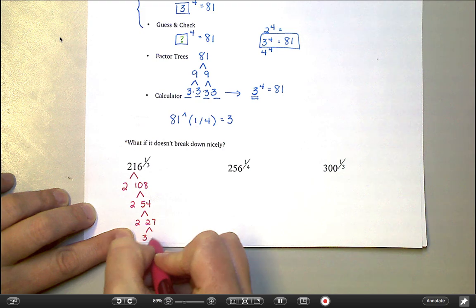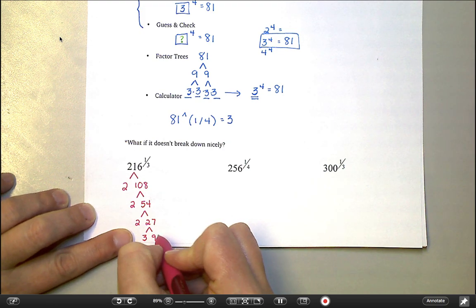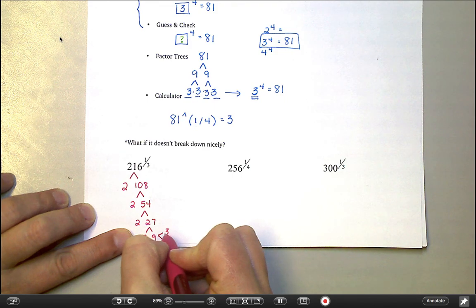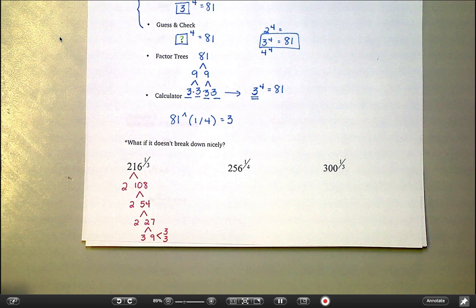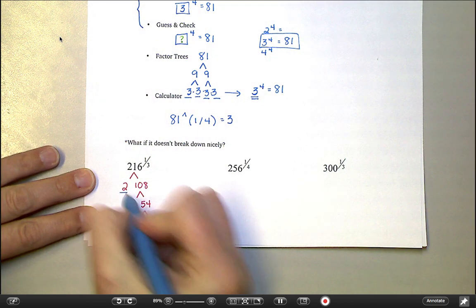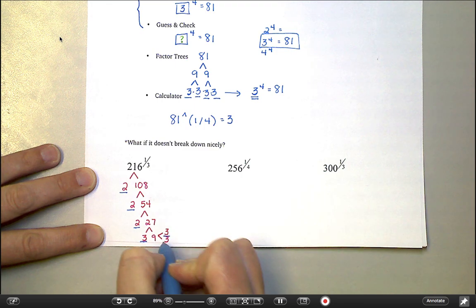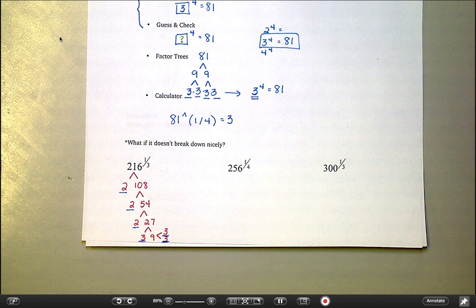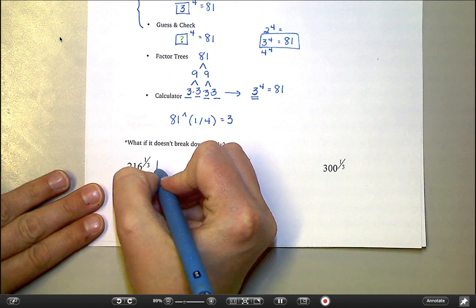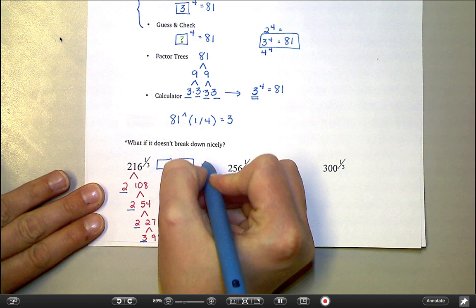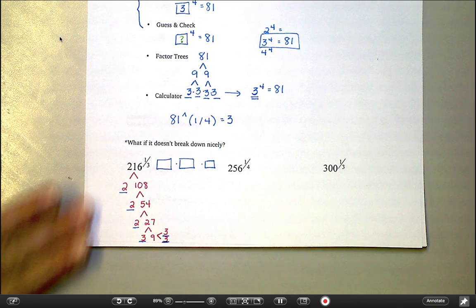I have 3 and 9, and then I'm out of space, so I'm going to have to go sideways here. 9 can break down into 3 and 3. So if I look at just the bottoms of my factor tree here, I have 2, 2, 2, 3, 3, and 3. Okay. What I am really looking for is something times something times something that gives me that 216.